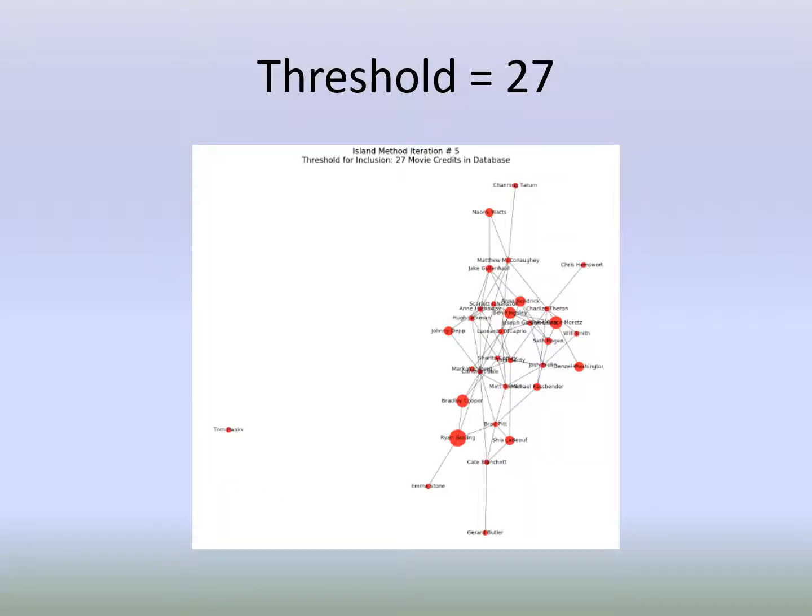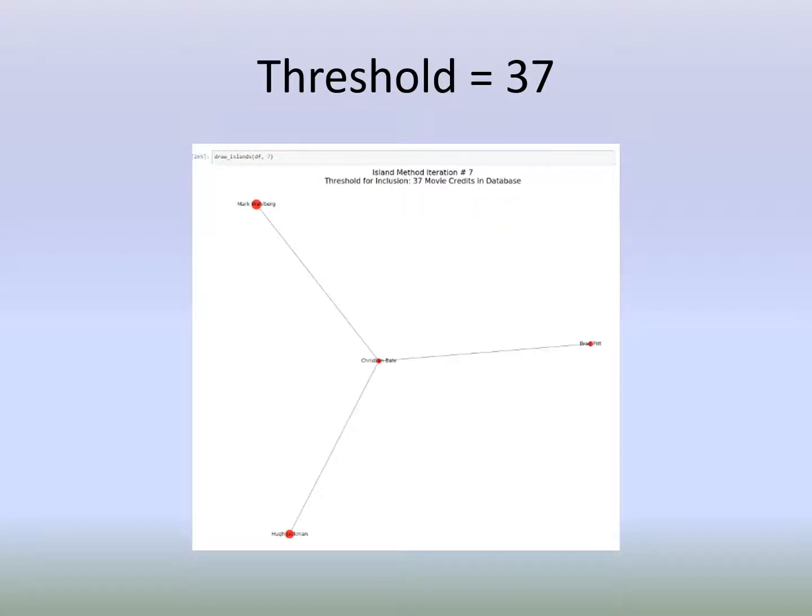And here we raise the threshold to 27, and we see even fewer. It's very interesting. We can see one big island here and one small island here. Here is when we raise the threshold to 37, so the actor's name should appear 37 times in the data set. We only see 4 actors.